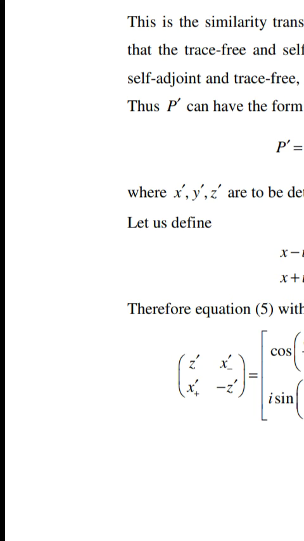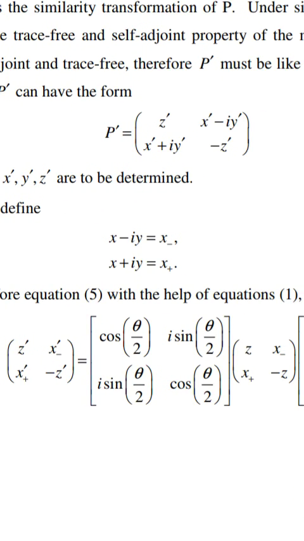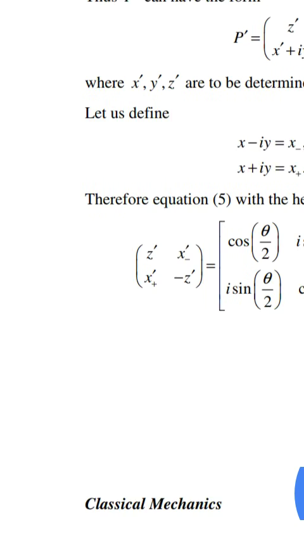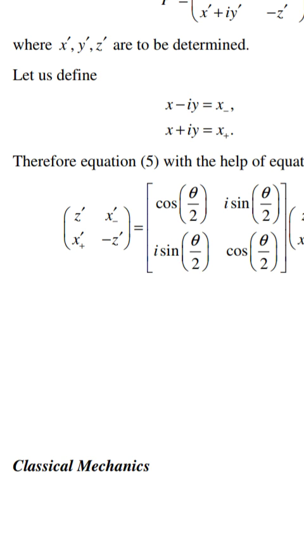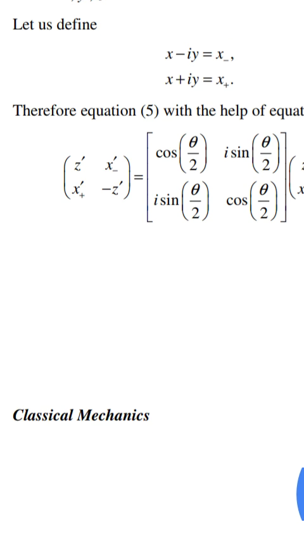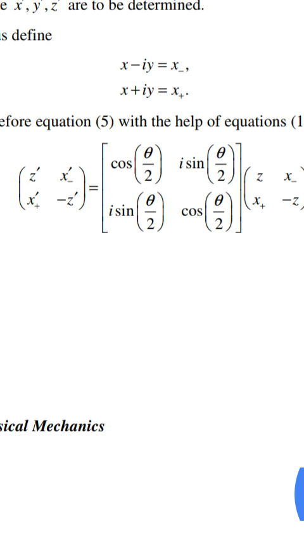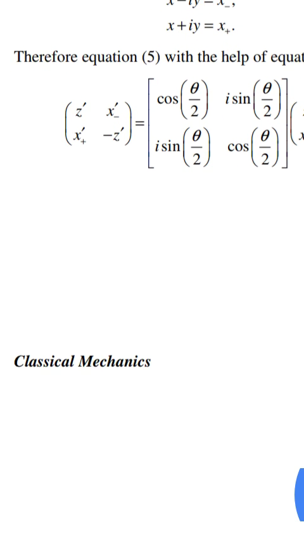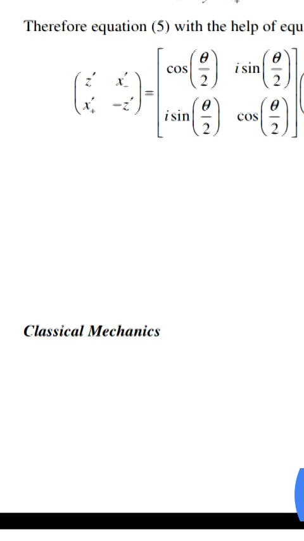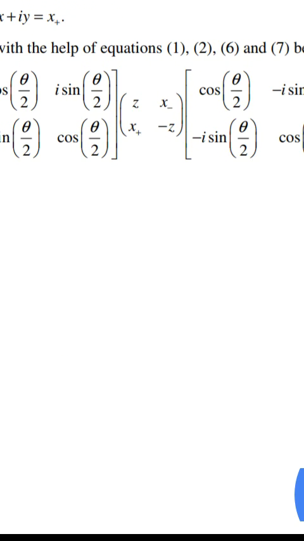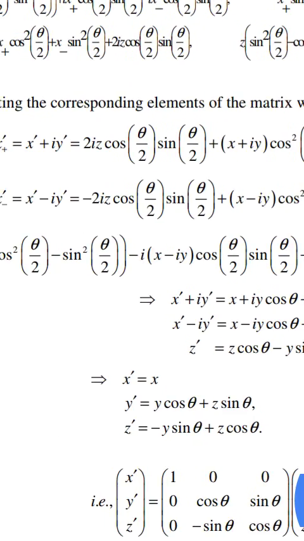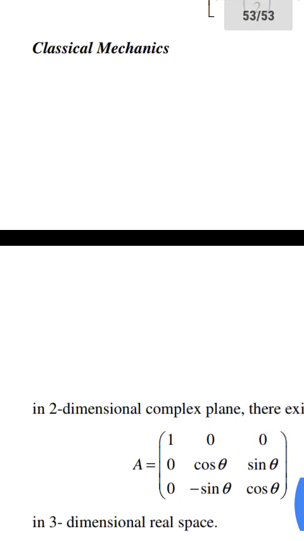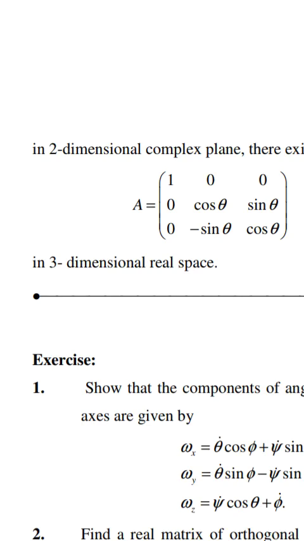Thus, P dash can have the form P dash is equal to z dash, x dash minus i y dash, x dash plus i y dash, minus z dash, where x dash, y dash, z dash are to be determined. Let us define x minus i y is equal to x minus, x plus i y is equal to x plus. Therefore equation 5 with the help of equation 1 gives this expression and the required solution.